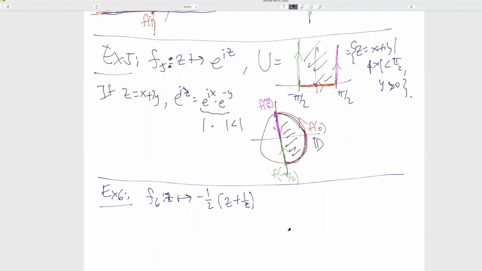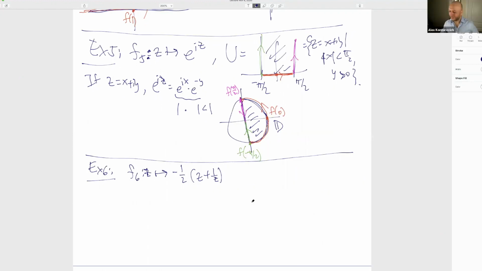And the domain? I haven't given you the domain. Let me give you a domain. Let's see where this takes the disk intersect the upper half plane, so the upper half disk.